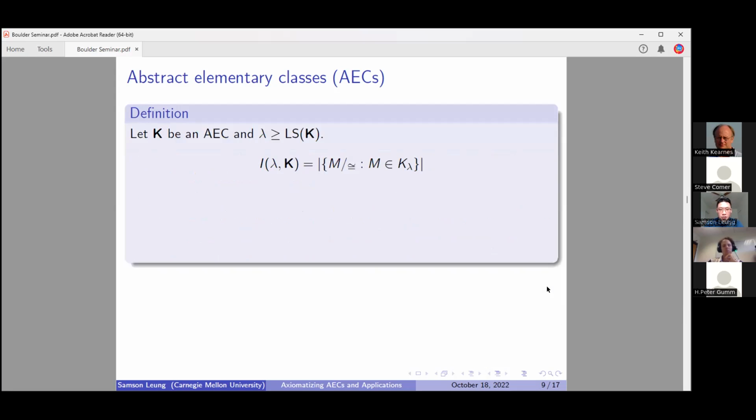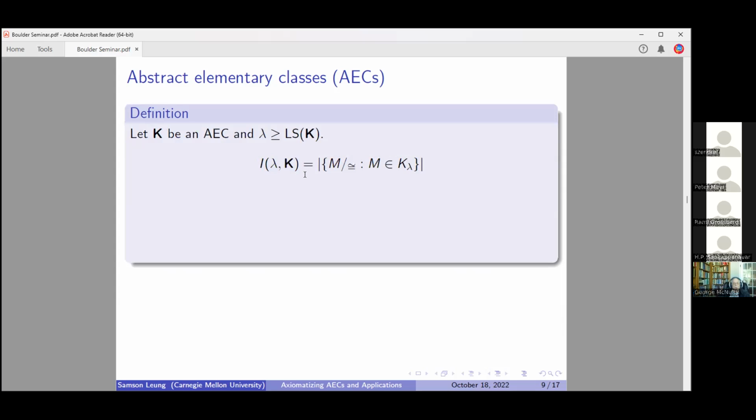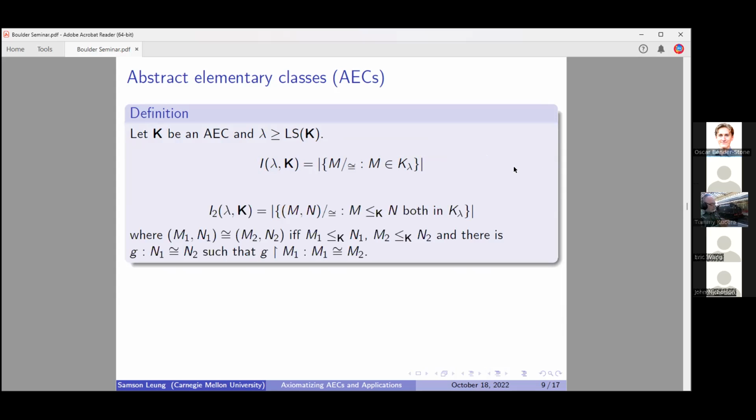Some more definitions, which appear in the statements of my theorems. I_lambda(K) simply means the number of models of size lambda up to isomorphism. So here it's just individual models. We can do the same for pairs of models.